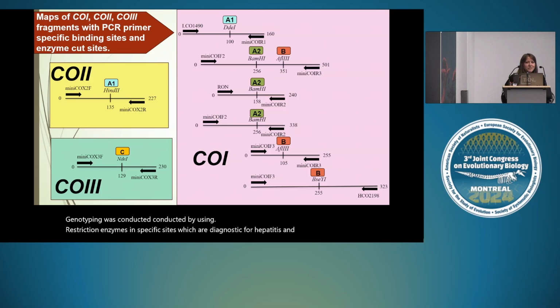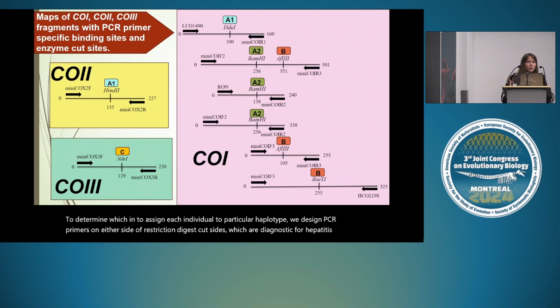In 3 genes, cytochrome oxidase 1, 2, and 3, to assign each individual to a particular haplotype, we designed PCR primers on either side of restriction digest cut sites which are diagnostic for haplotype.